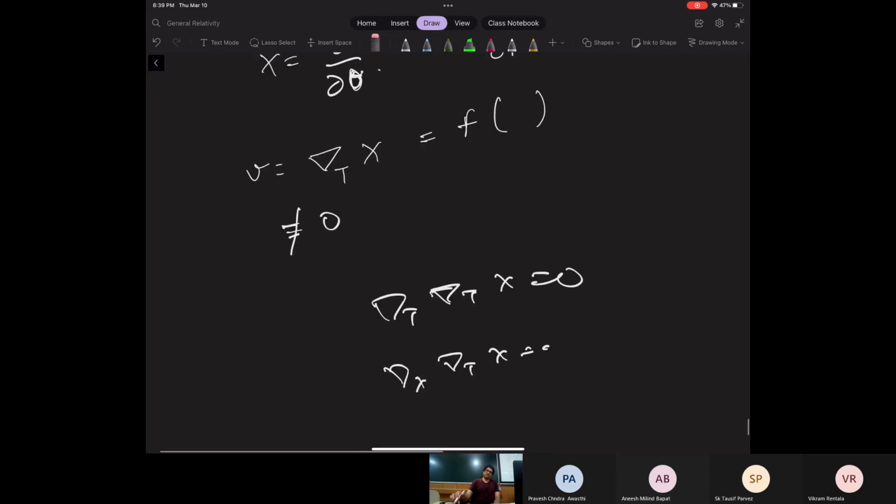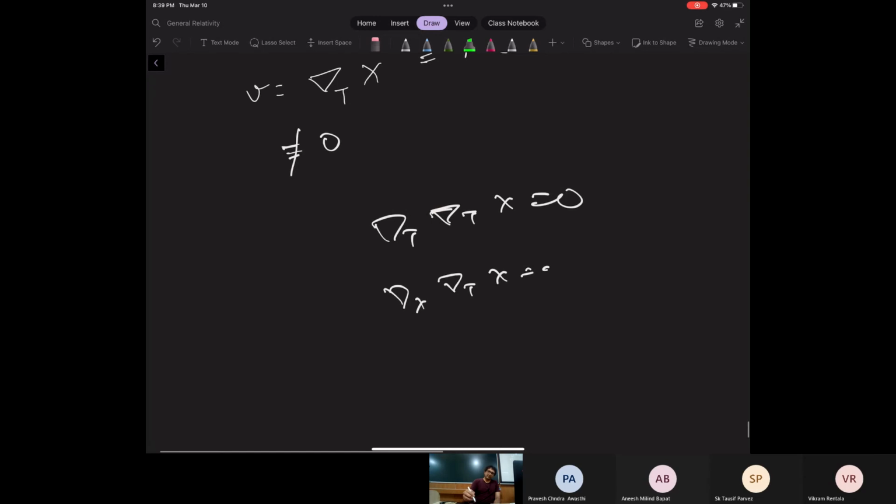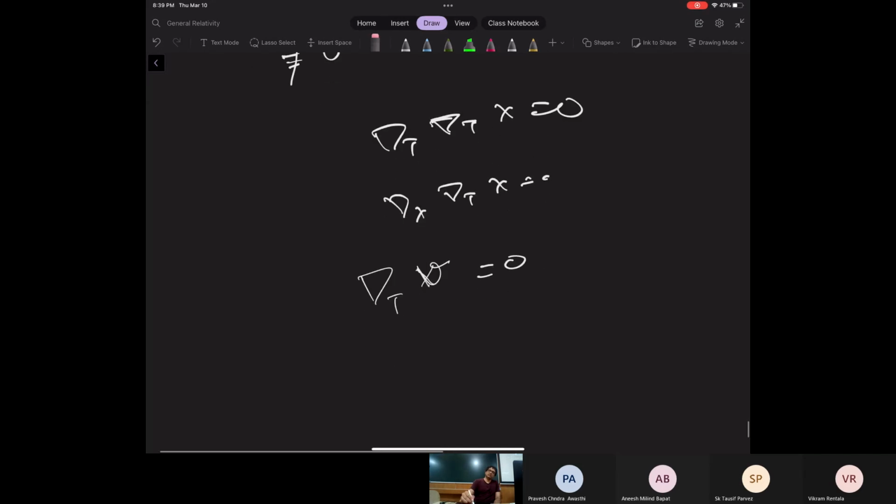What you want is for this to be zero, but that doesn't mean the partial derivative, that doesn't mean that t acting on v is zero. You get what I mean? Grad Tx should be R independent. No, I don't think that's true, right?